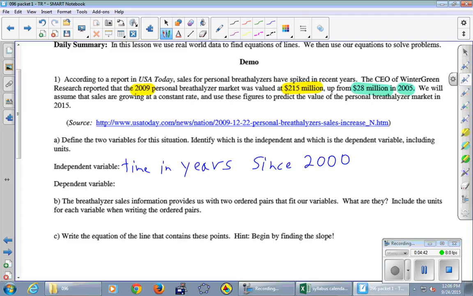What word would you use to describe the dependent variable? What are we measuring? The market value, so say market value. In, what are the units here? So we could say dollars. If we say millions of dollars, then we don't have to write a lot of zeros. Let's do that. Millions of dollars.